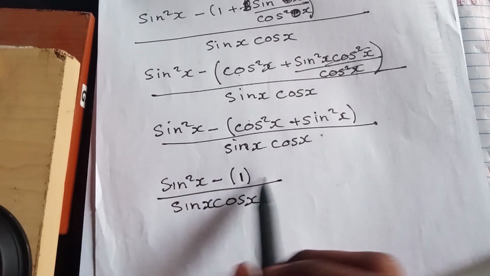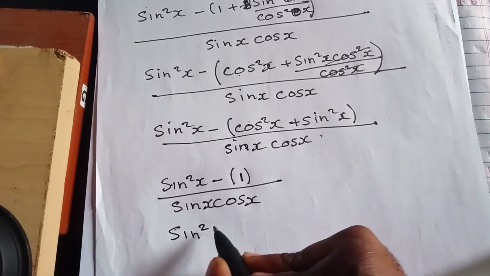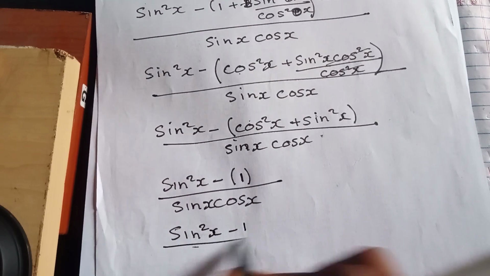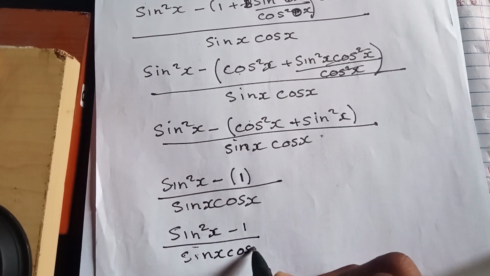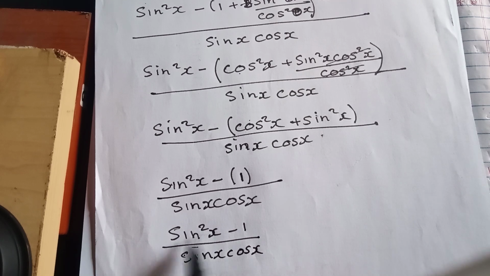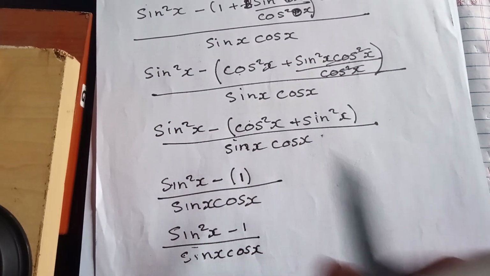So now when you look at this, let me just take the brackets out. When you look at this, it looks like the other side of the equation when you make sin²x the subject in the basic identity.